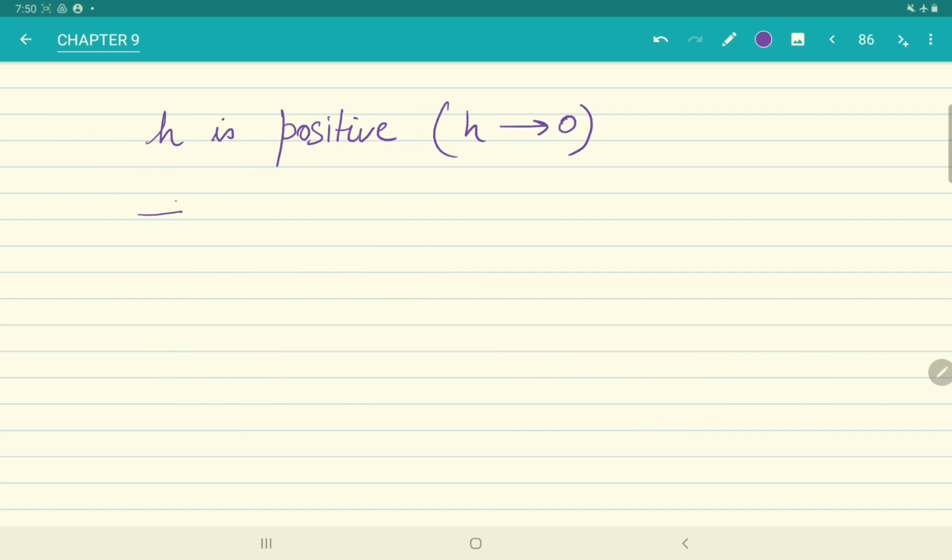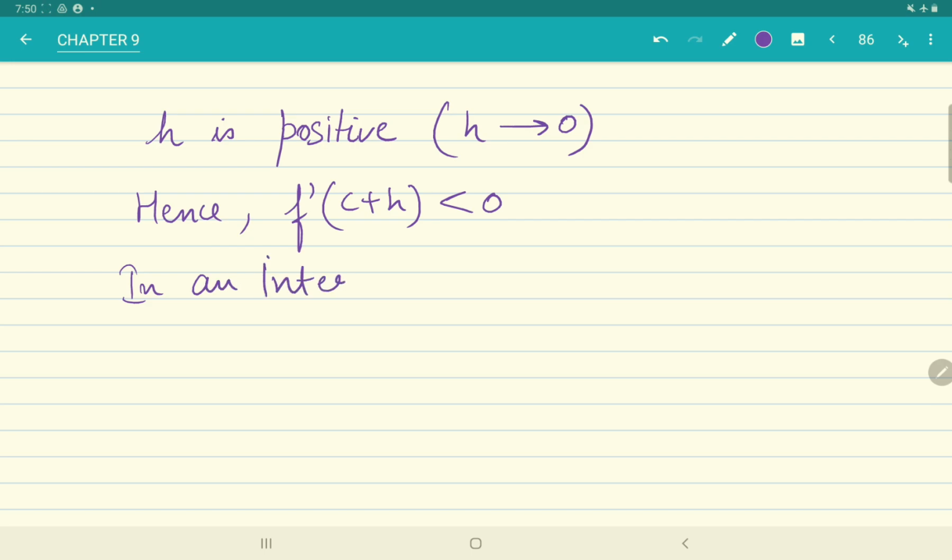So that means, hence, f prime of c plus h is less than 0. And what does that mean? h is positive. That means in an interval to the right of c, f prime is negative, because it is c plus h and h is positive.